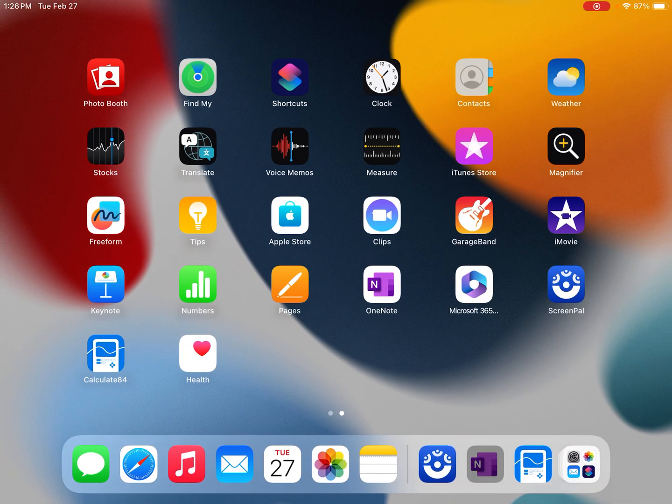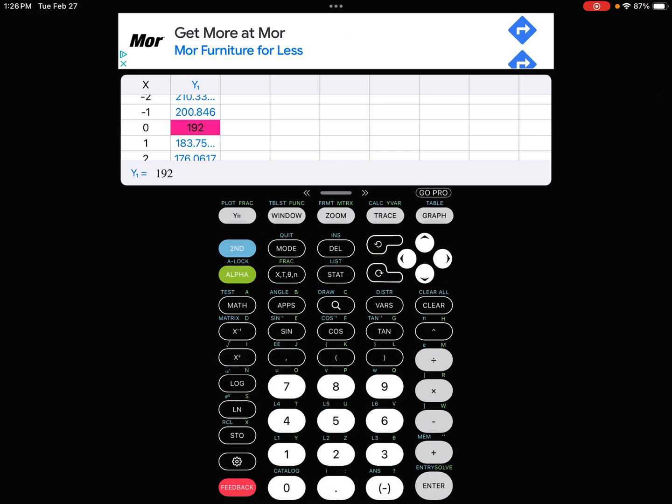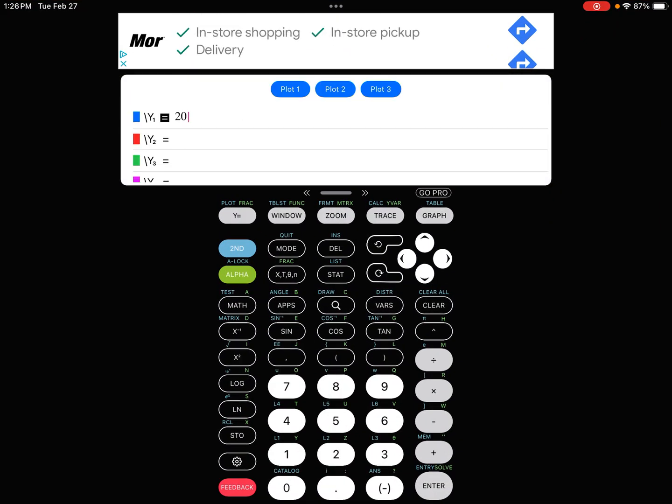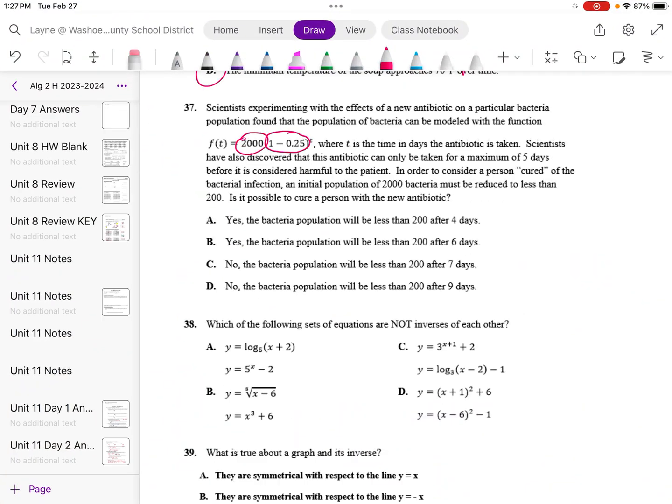So graph this in your graphing calculator. 2,000 times 1 minus 0.25, I believe. So we could have just put 0.75 to the power of t, or the power of x. I believe that's correct. Let me just check.